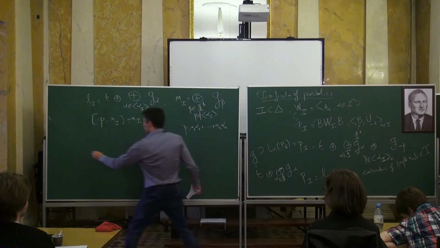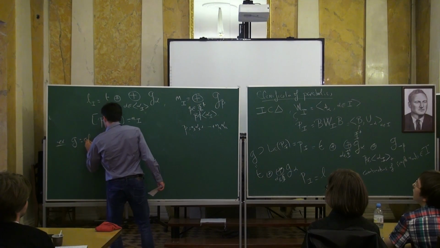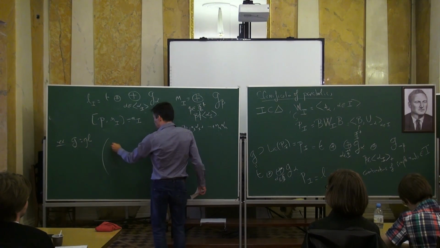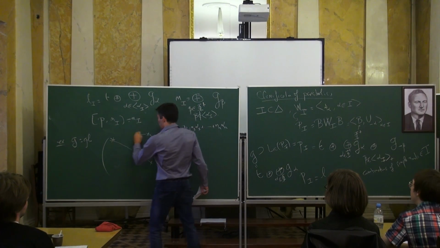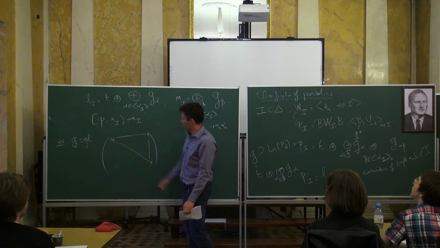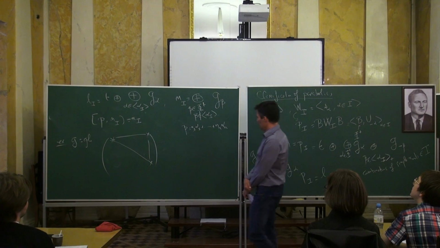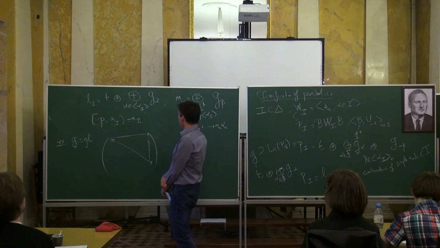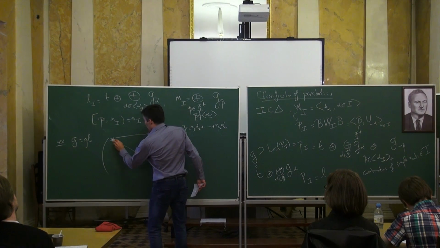Yeah, so I wanted to give the example of GLN. So in torus is here, the positive roots giving beta, giving B correspond to the entries above the diagonal. And then you choose some simple roots here.